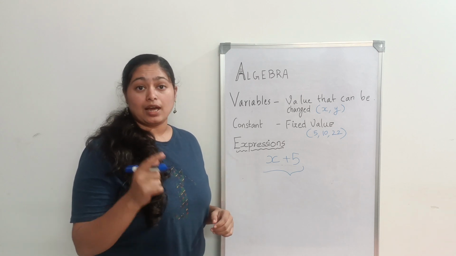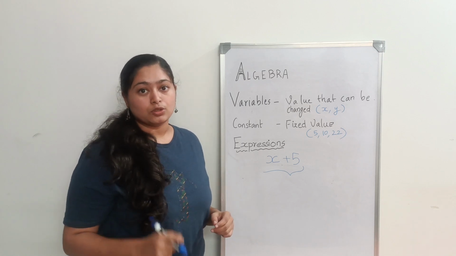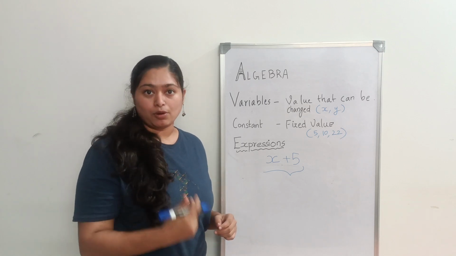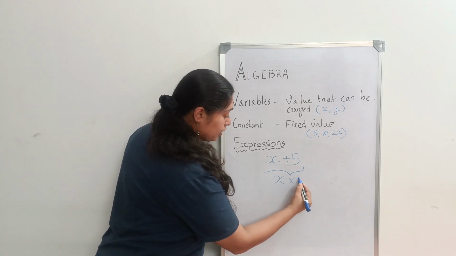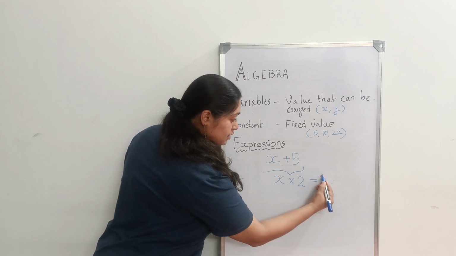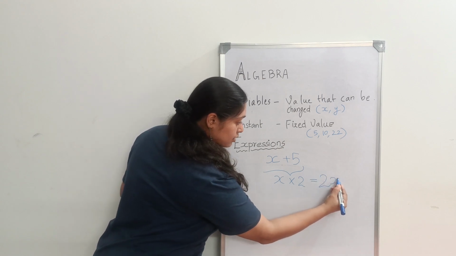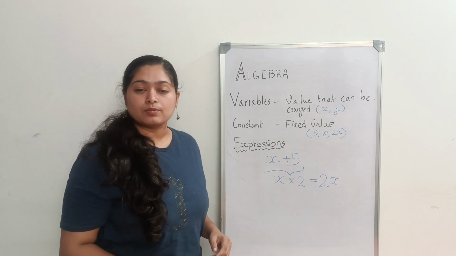For example, I want you to double your age, which means multiply it by 2. In your mind you have the right answer, but for me again it will be X multiplied by 2, which in a standard way I'll write as 2x. This means 2 into x itself. And this is also an expression.